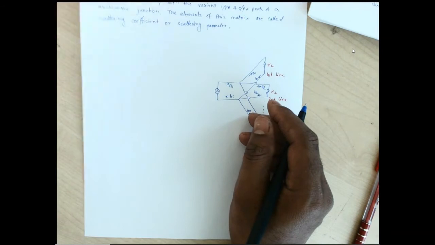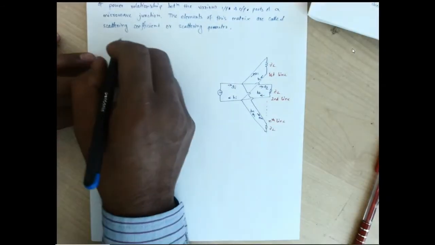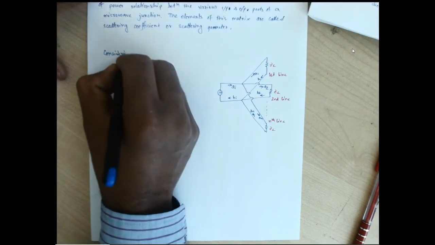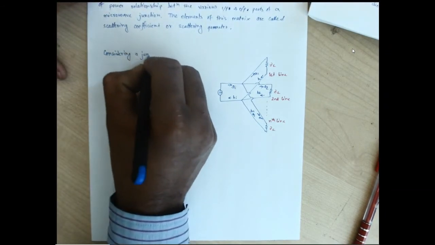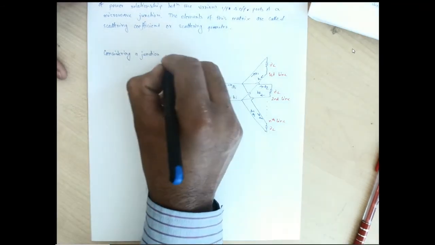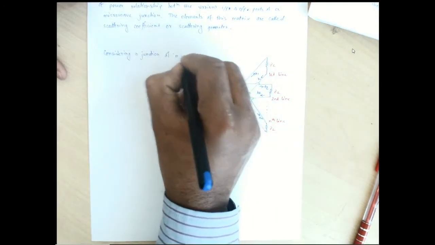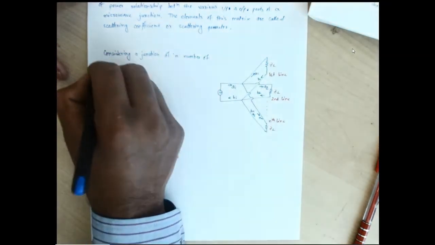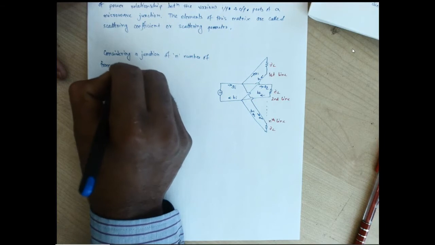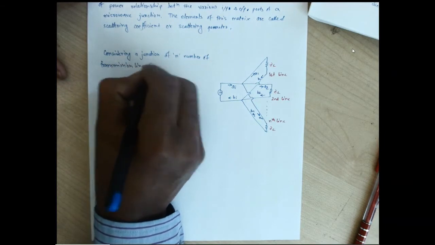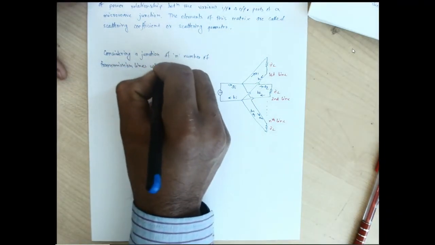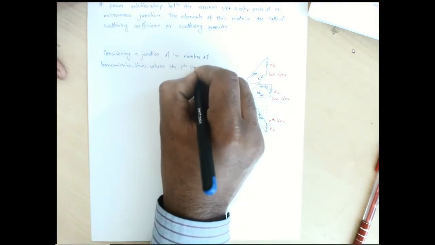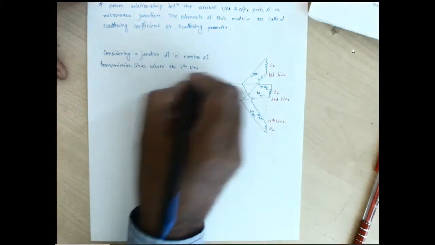Okay, so what we are considering is a junction of n number of transmission lines, where the ith line, what is this i?